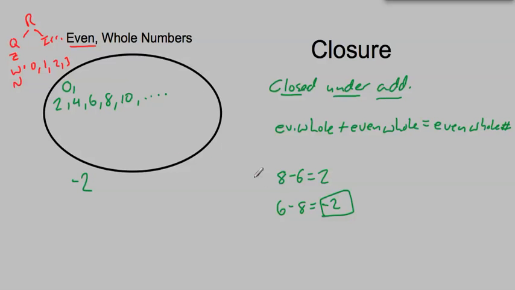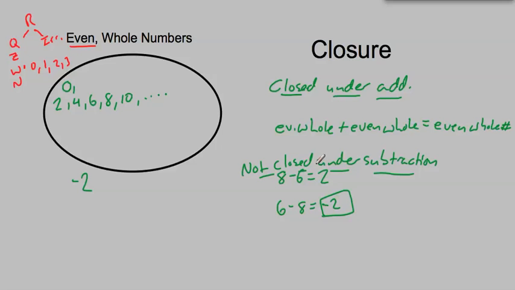So it is not closed under subtraction. And we're going to find that a lot of things that are closed under addition or multiplication will not be closed under the inverse operations of those two. So it will not be closed under subtraction, and it won't be closed under division.